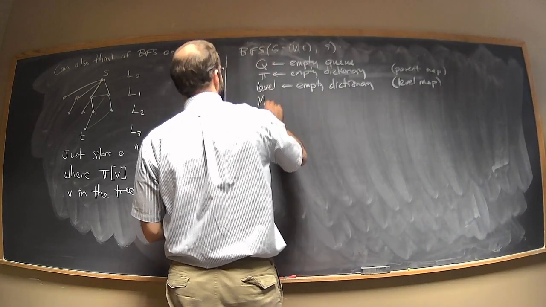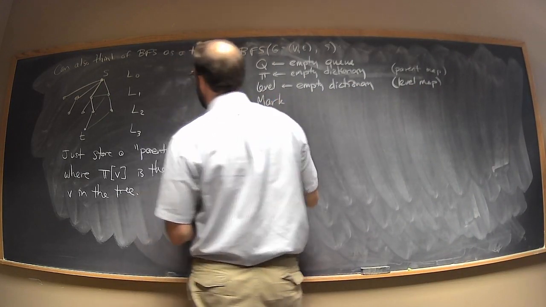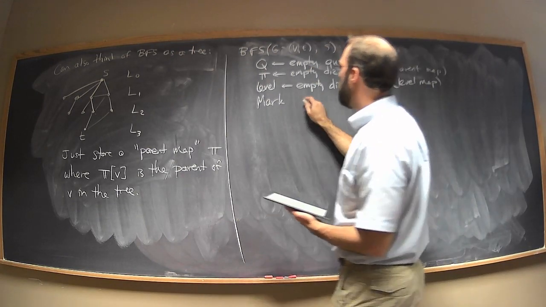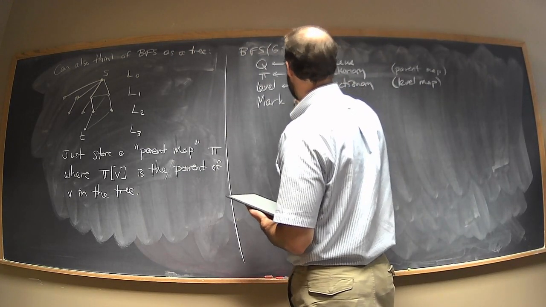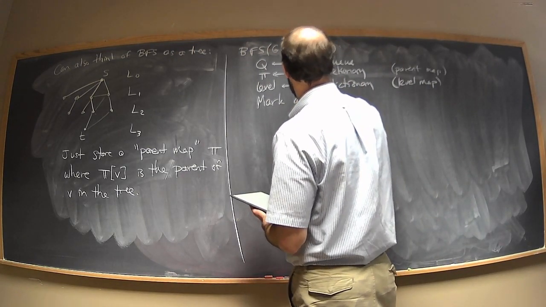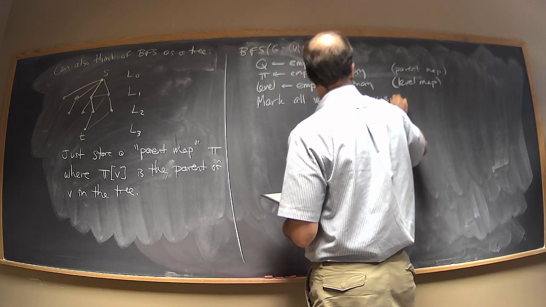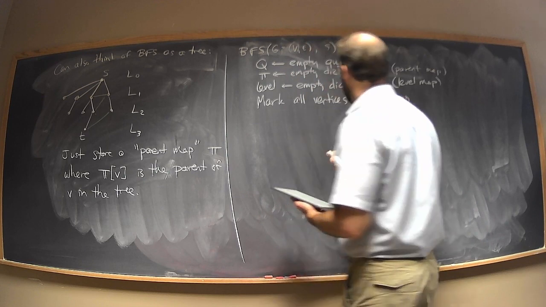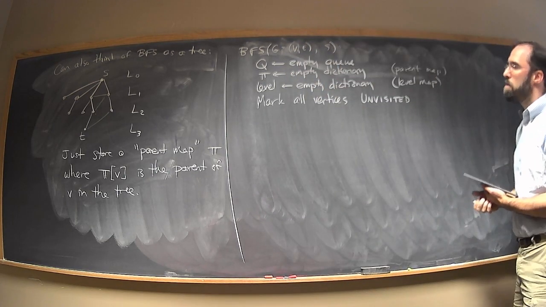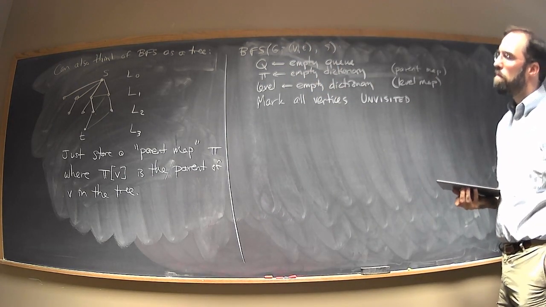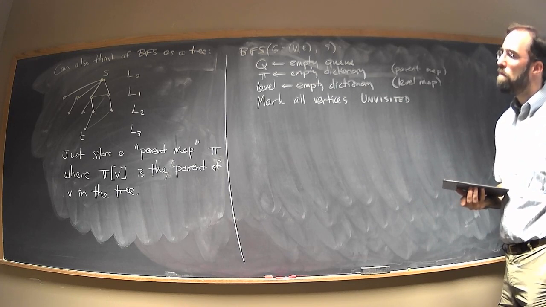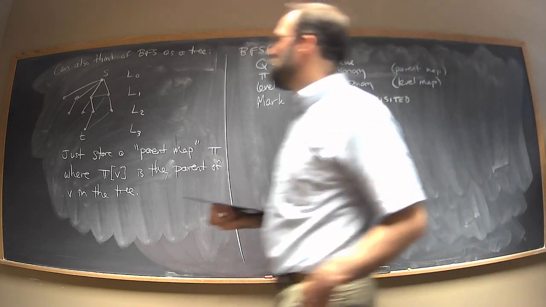Okay, so we're going to start by, let me write it first: mark all vertices unvisited. Maybe I'll use this picture as an example.